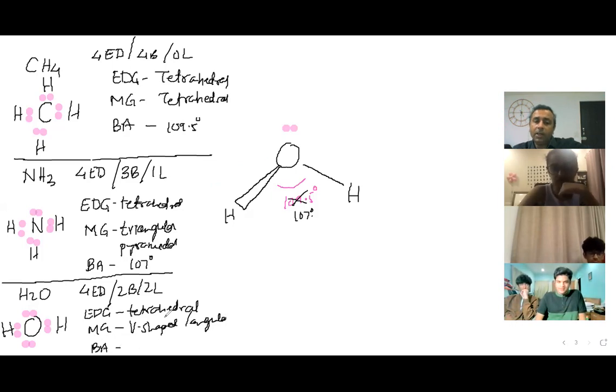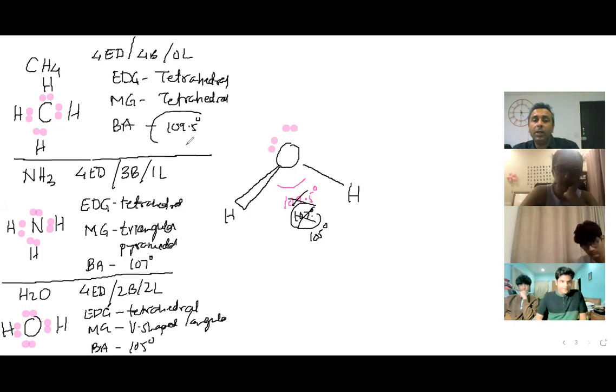What should happen to the bond angle? Should it remain 107? Now we know that there is one more lone pair. Now there are 2 lone pairs because one more hydrogen is replaced. So there are 2 lone pairs, so the bond angle should squeeze more. So instead of 107, it will squeeze to 105. Okay.